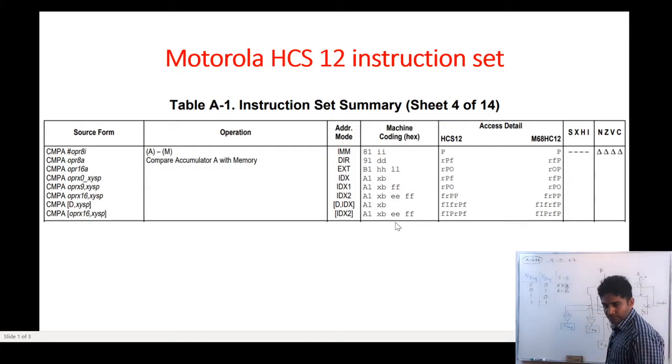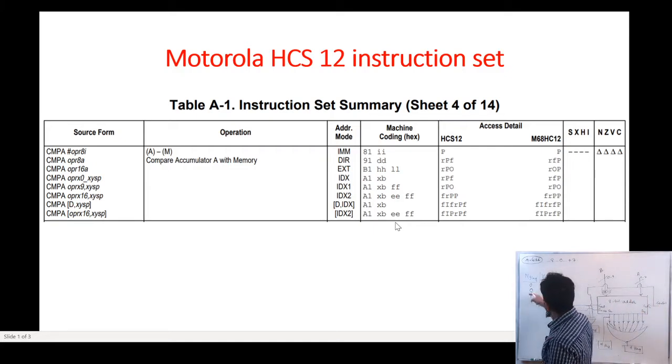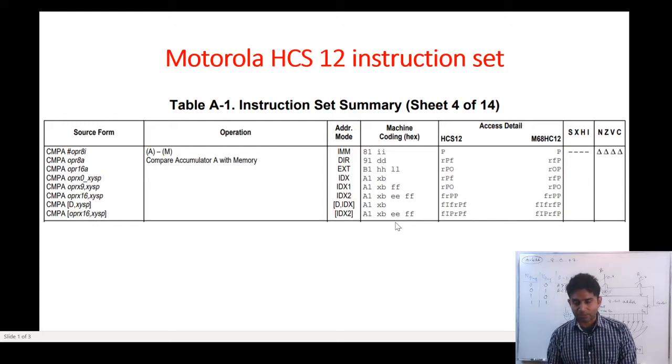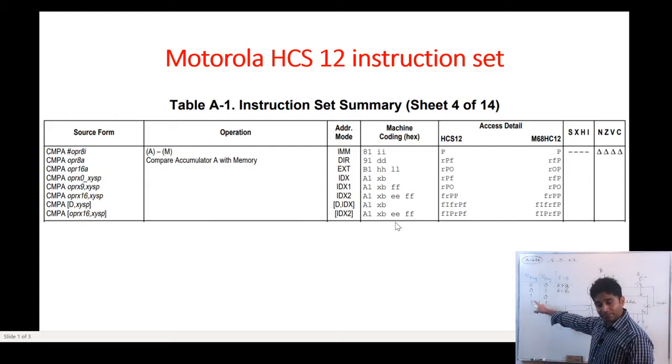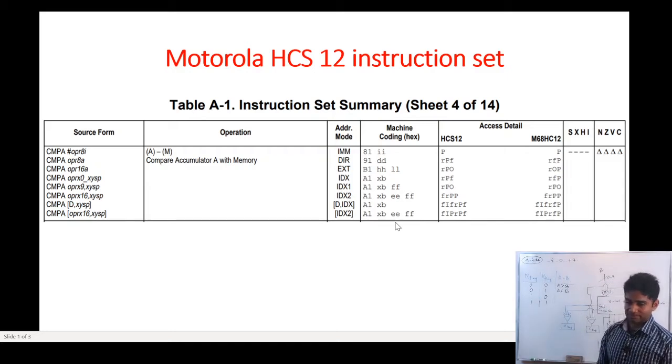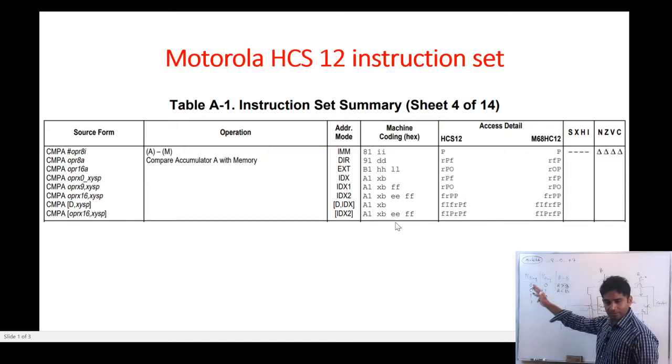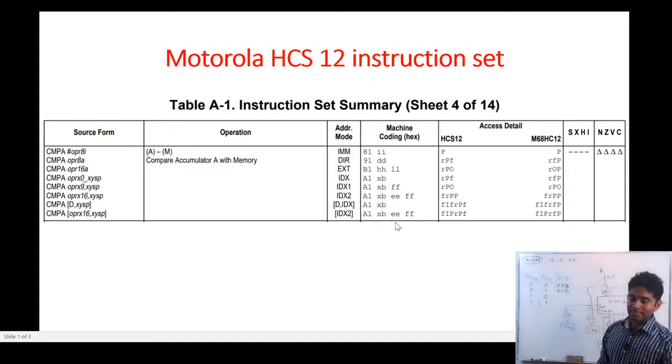All right. Now moving on. This time I have my N flag as 1 and my V flag as 0. That means my answer is a negative answer because my N flag is 1. And I do not have an overflow. That means whatever answer I got with that operation is the correct answer. I don't need an additional bit to make it correct.